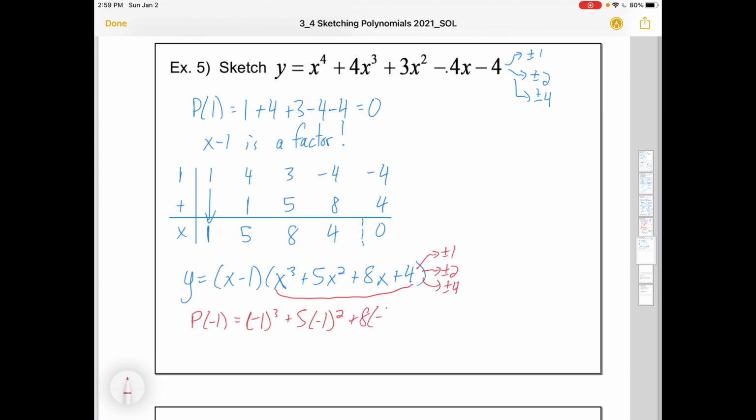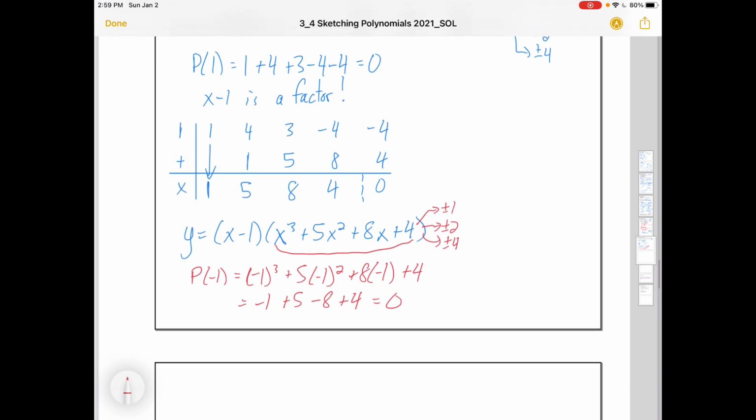Let's see, that would be negative 1 plus 5 minus 8 plus 4. Oh my gosh, there's 9 in the positive, 9 in the negative. We found another factor. And in this case, because we used minus 1, we found that x plus 1 is a factor. Yay!